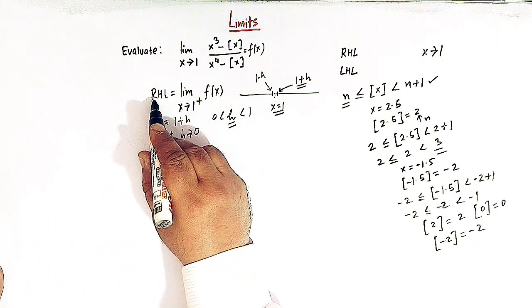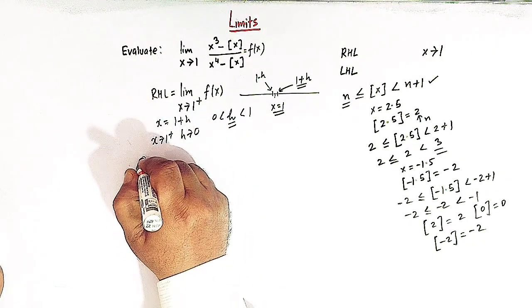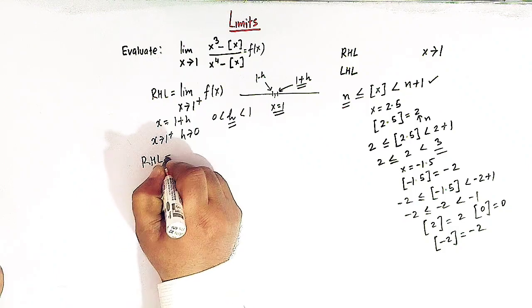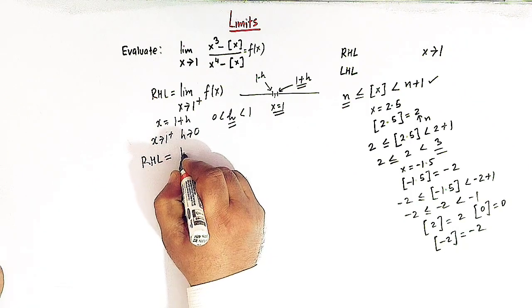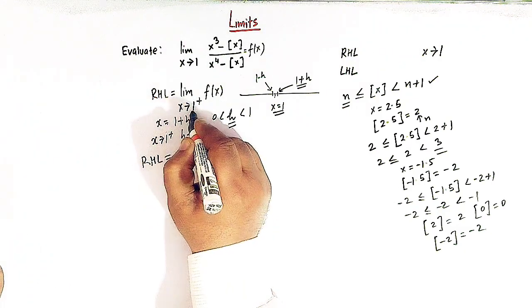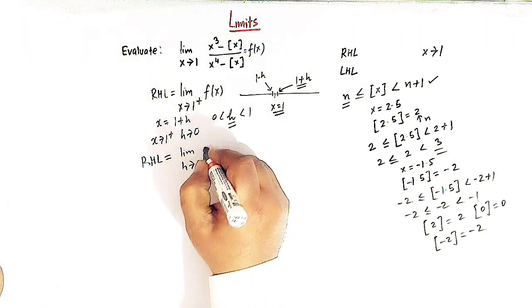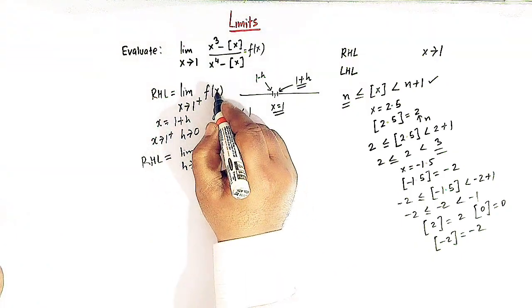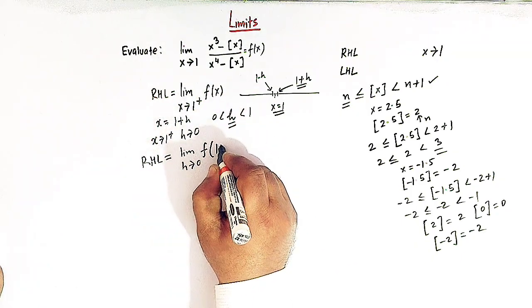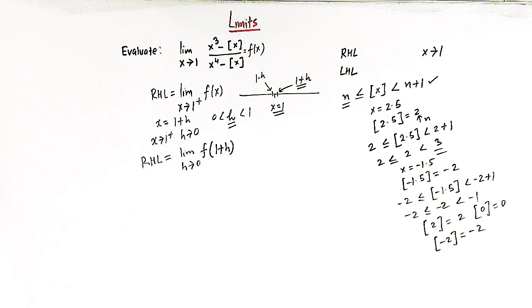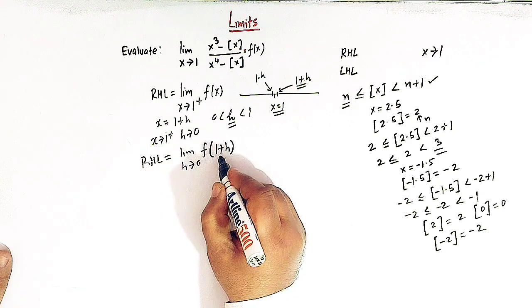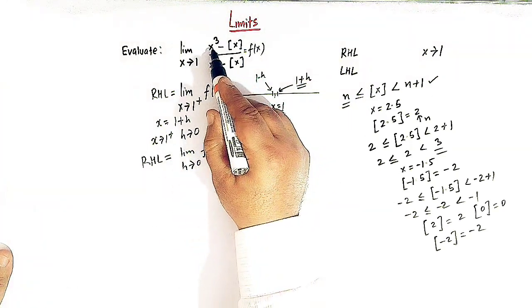Now writing this limit in terms of h, we have the right hand limit as limit h tends to 0 of f of x, where x is 1 plus h. So we substitute 1 plus h in this expression.